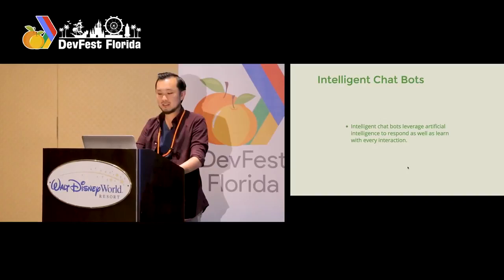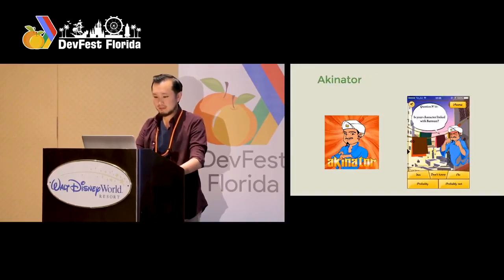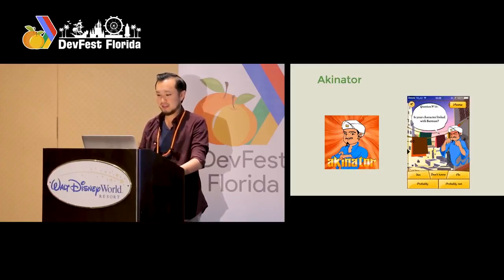Most of the intelligent chatbots leverage artificial intelligence, and if they're really good, they'll actually learn more about you and learn how to, I guess, interact better with you. I think a very, very early version of a really good intelligent chatbot is Akinator.